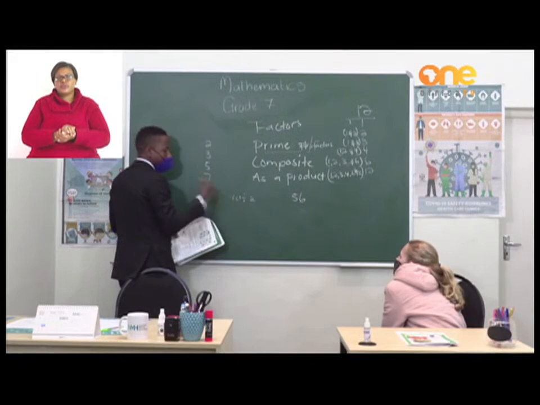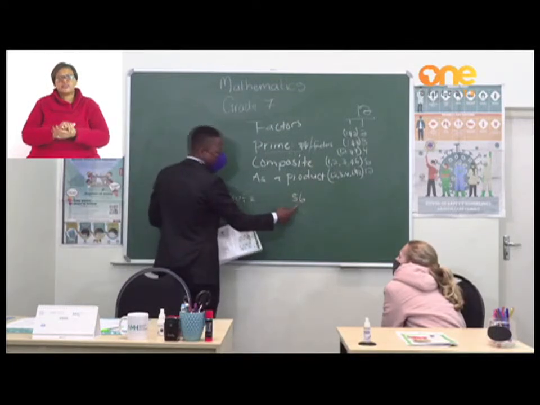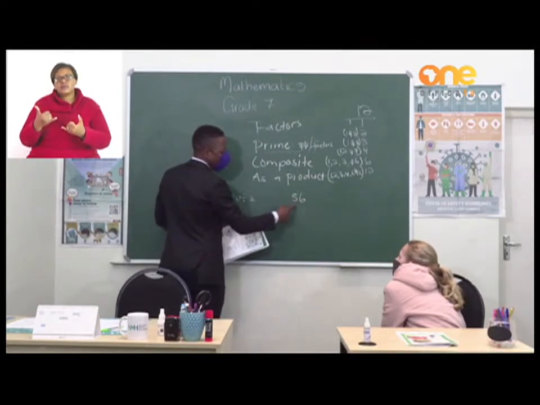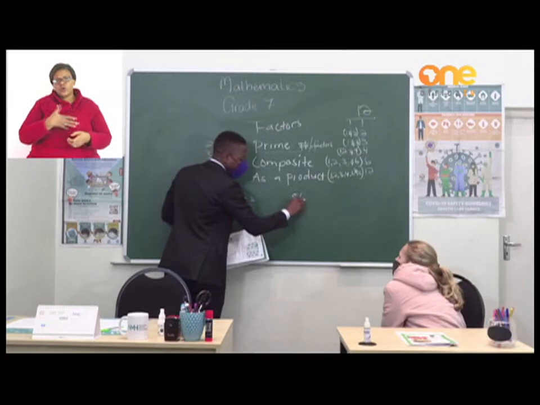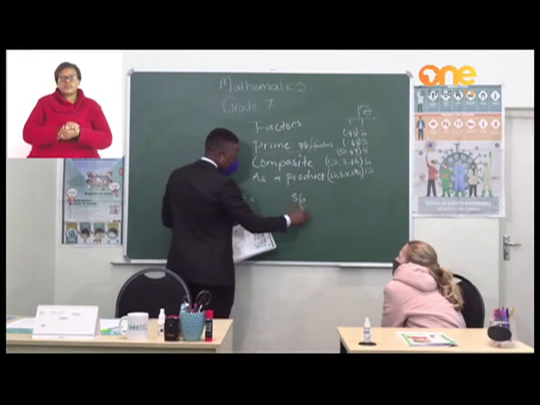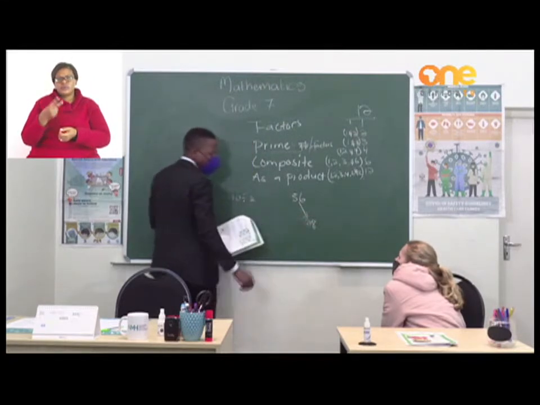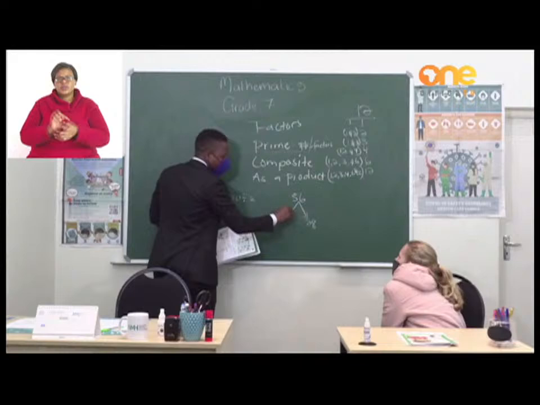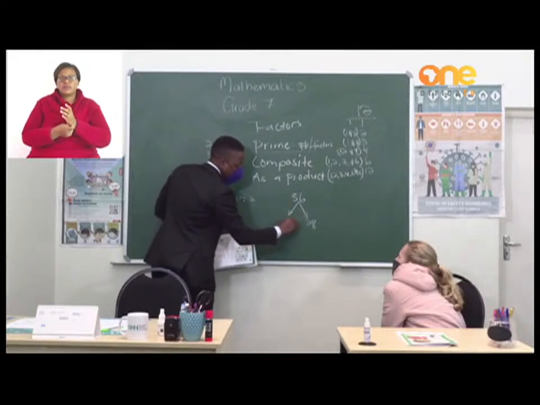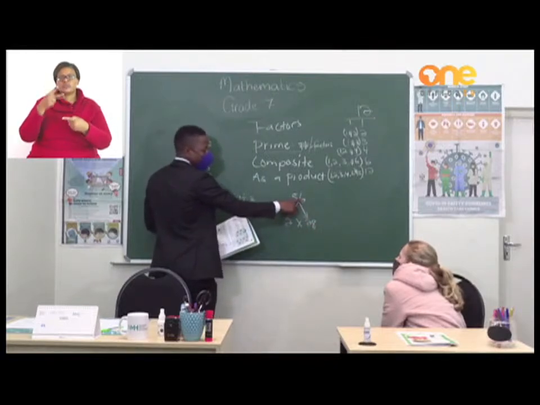It's the same as saying half of 10 is 5. So in this case, we need to halve it. If you halve 56, you get 28. It means if I multiply 2 times 28, it must give me 56.